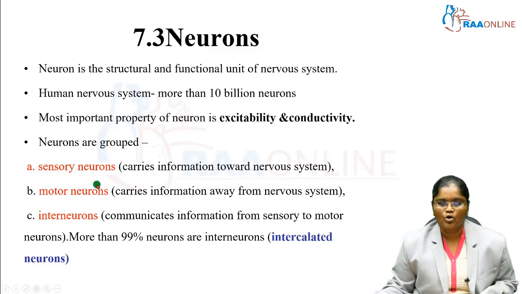Motor neurons carry information away from the nervous system, whereas interneurons communicate information from sensory to motor neurons. More than 99% of the neurons are interneurons. The other terminology for interneuron is intercalated neurons.